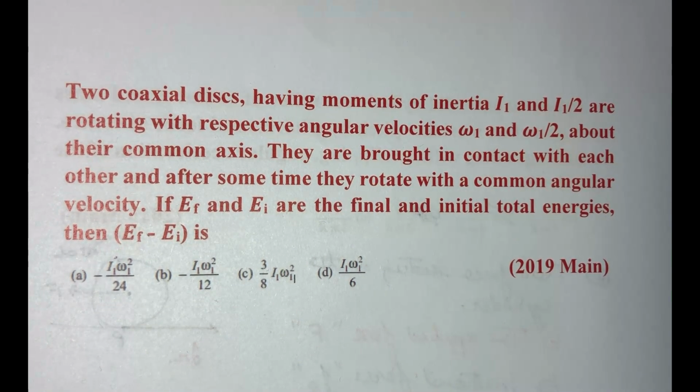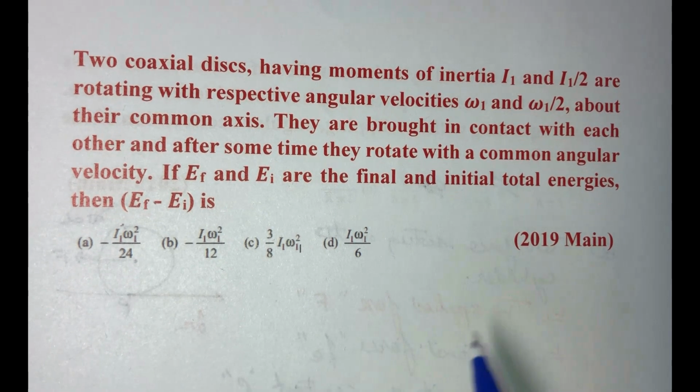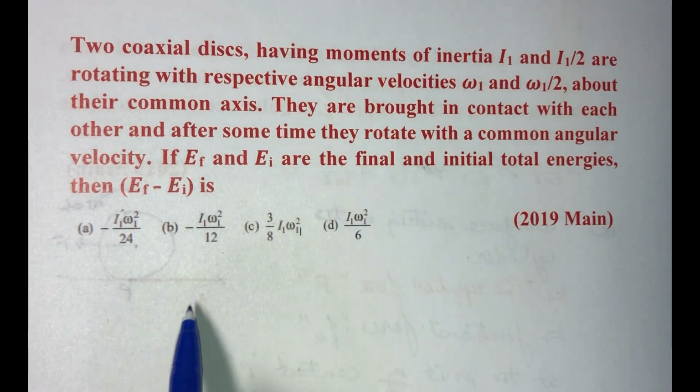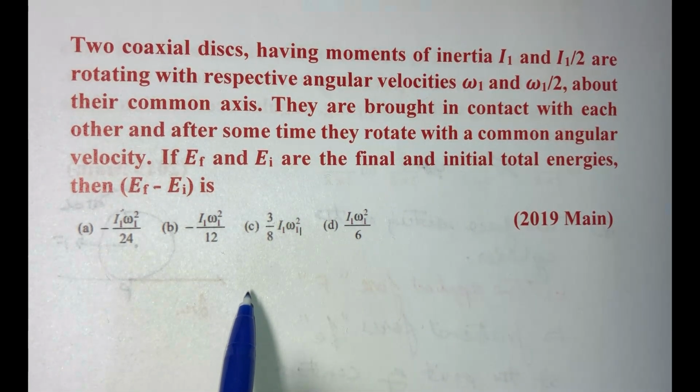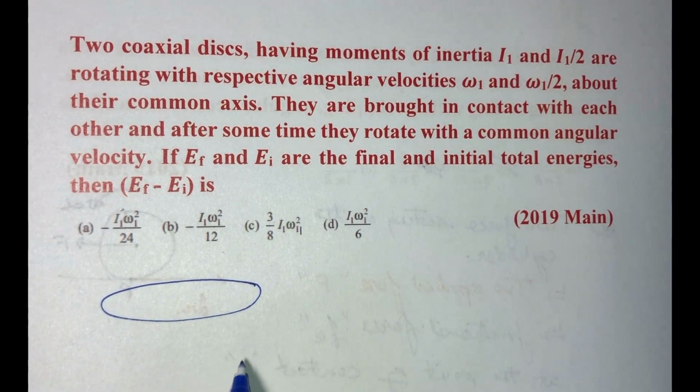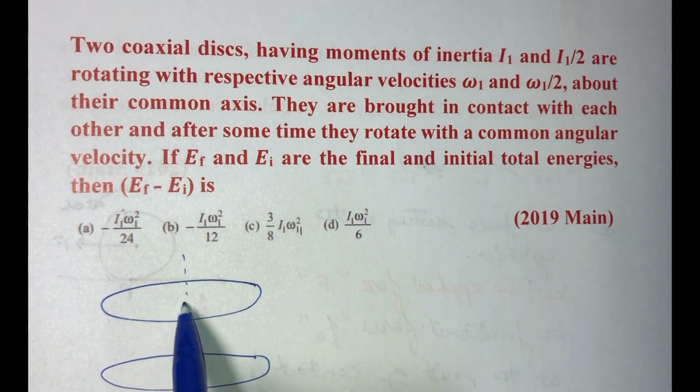So we have two coaxial disks. Initially they are rotating separately. Let us suppose this is one of the disks and this is another disk, and they are both coaxial.